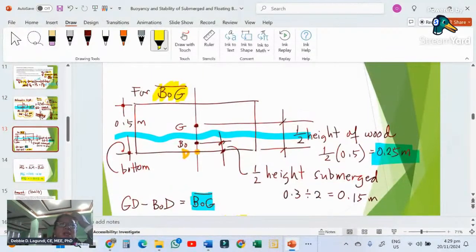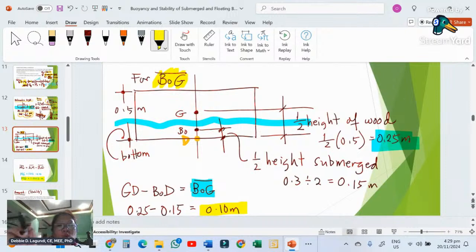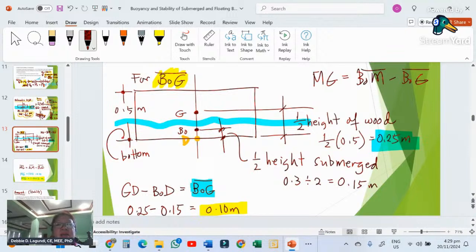All right, so for BOG, because we said that mg is equal to BOM minus BOG, to get those distances, right? So we know BOM already. Now we go to BOG.